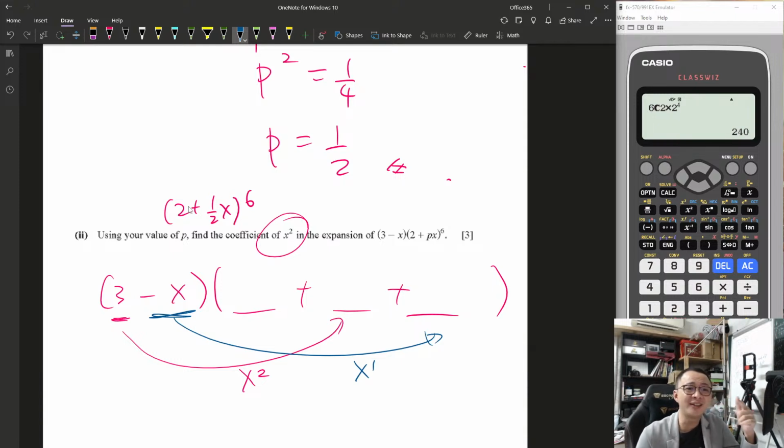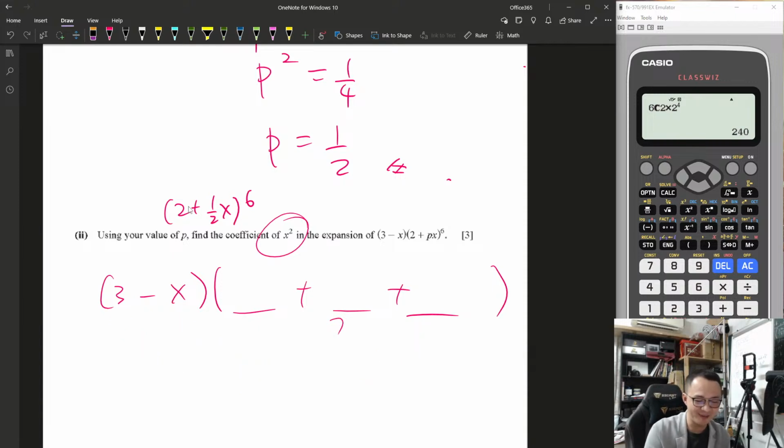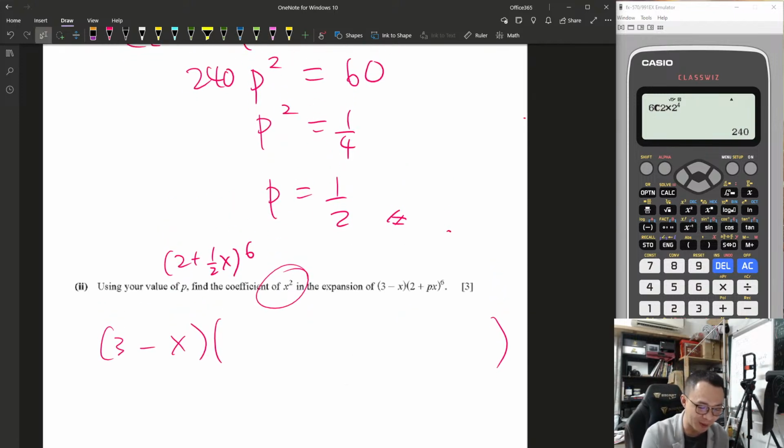I want the terms with x and x squared in order to find the coefficient of x squared. By understanding that, I know I want to expand the first 3 terms. So the first term is basically 2 to the power 6. Then the next one is 6C1 multiplied by 2 to the power 5 and then multiplied by px, which is 1 over 2 x.